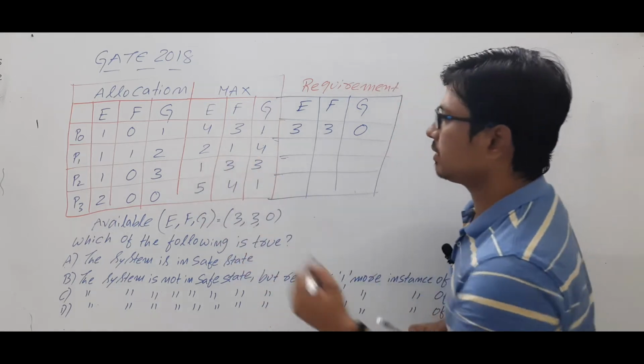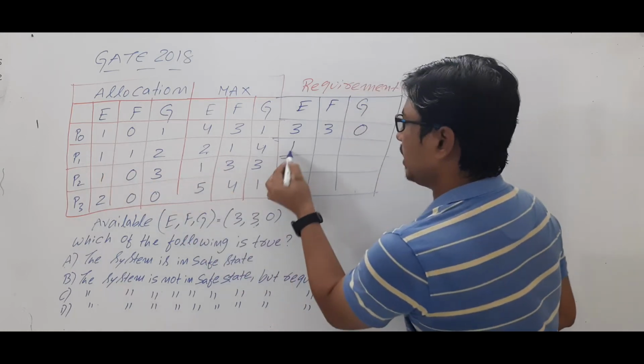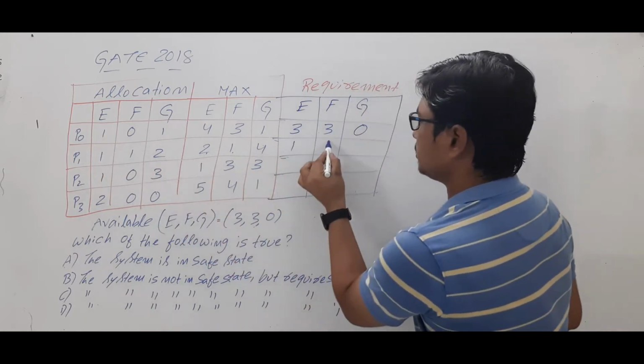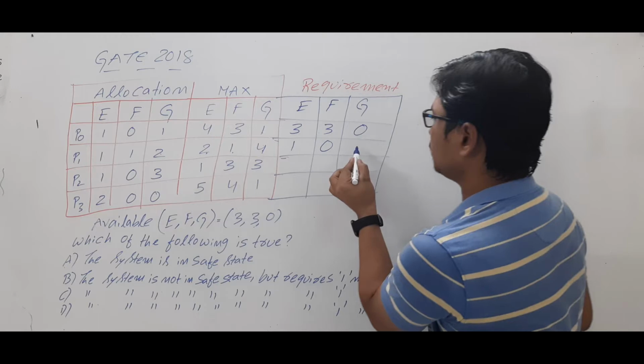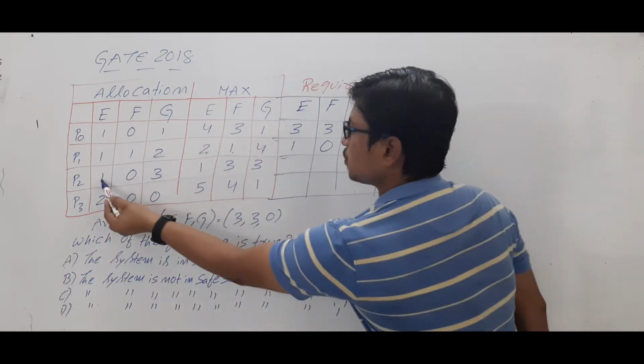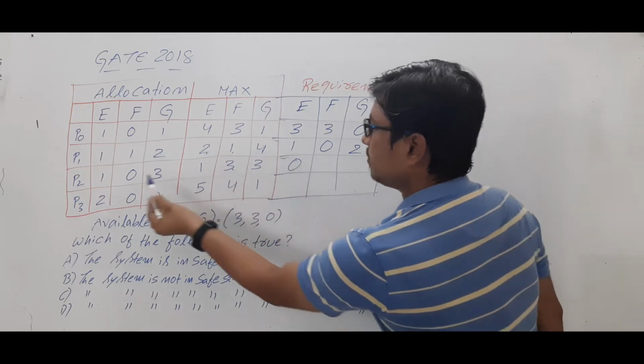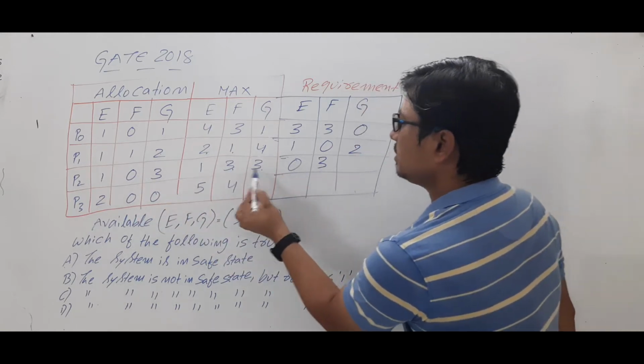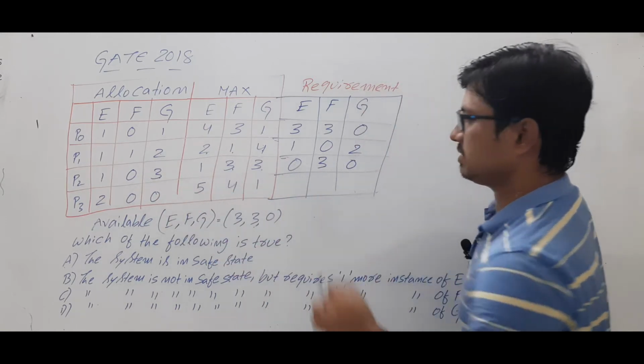Come to P1. 2 minus 1, 1. 1 minus 1, 0. 4 minus 2, 2. Is it clear? Coming to P2, 1 minus 1, 0. 3 minus 0 is 3. 3 minus 3, 0. Is it clear?